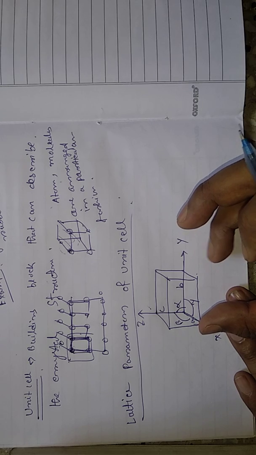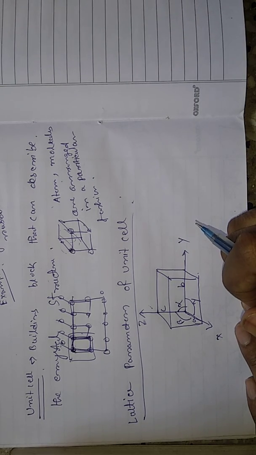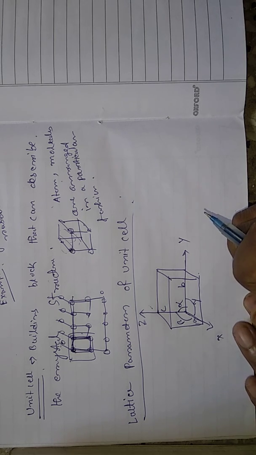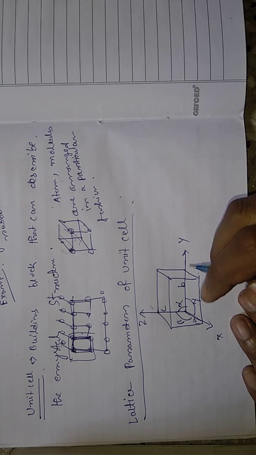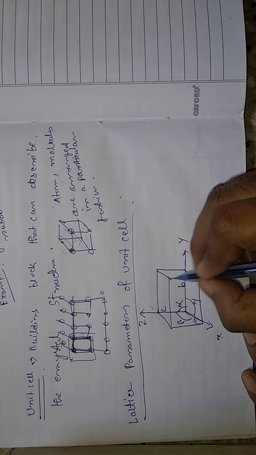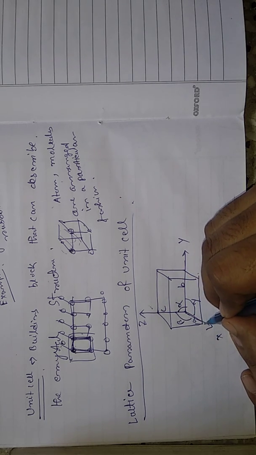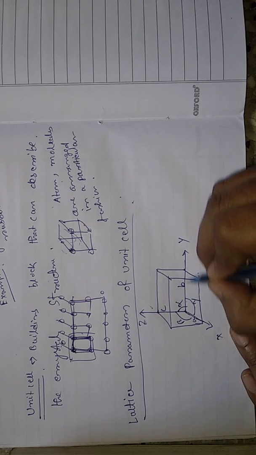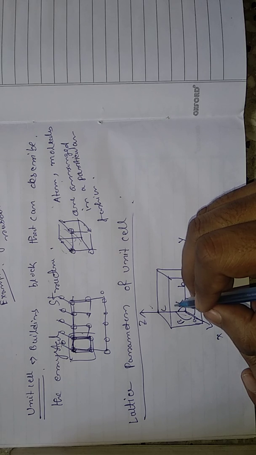There are some parameters that can define a unit cell. Suppose this is the XYZ axis in which the unit cell intercepts at a particular point in the x direction, that is a, in the y direction, that is b, and in the z direction, that is c.